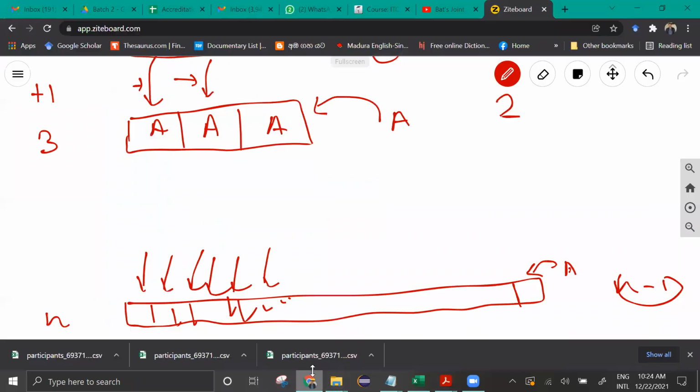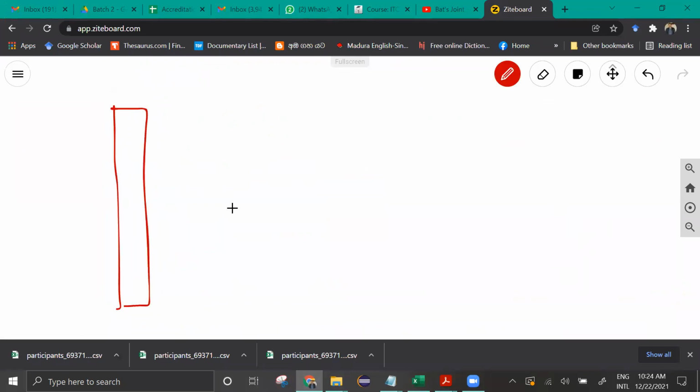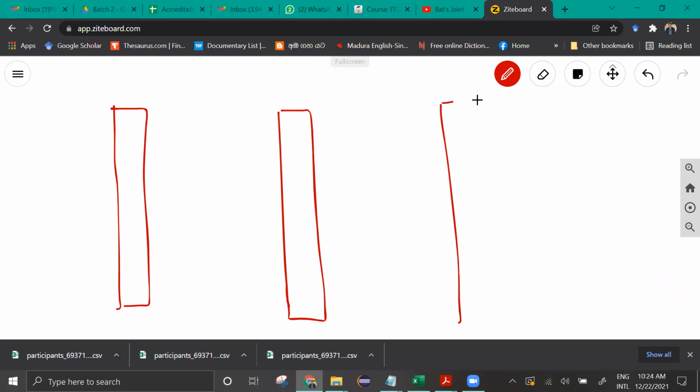So if we have 3 arrays, we check whether the values, of almost similar size, right? We check whether the value here is equal to this.